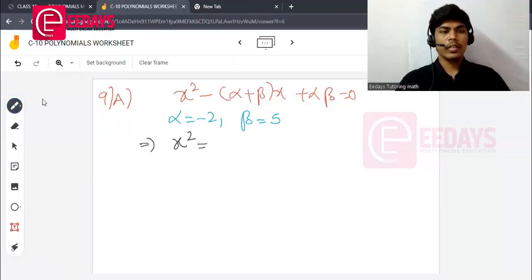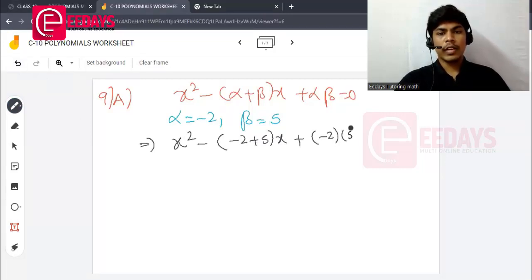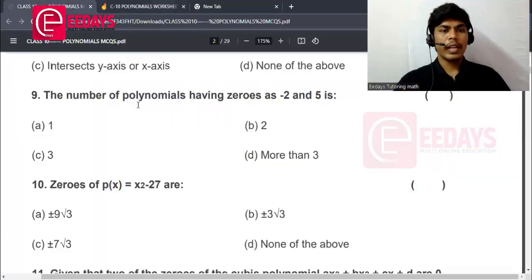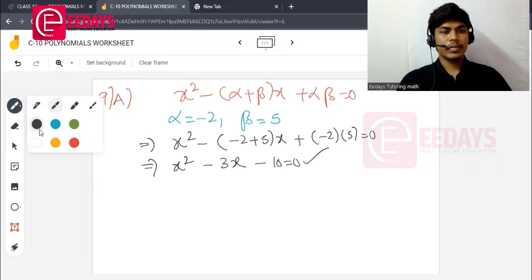x square minus (-2 plus 5) into x plus (-2 into 5) is equal to 0. So x square, 5 minus 2, we are getting -3x. And 2 fives are 10, so -10. This is the equation we get. But here they are asking how many polynomials we get. Can't we write more?